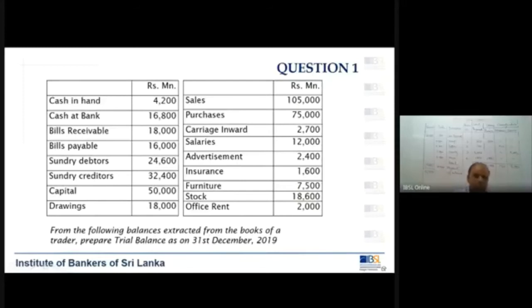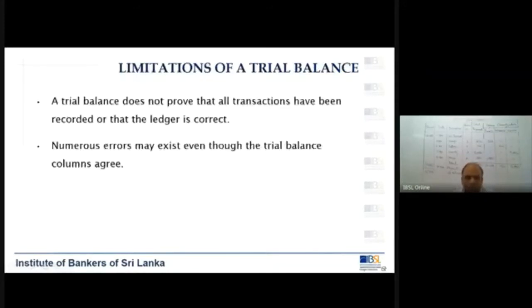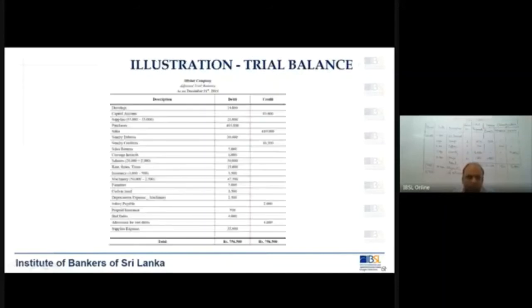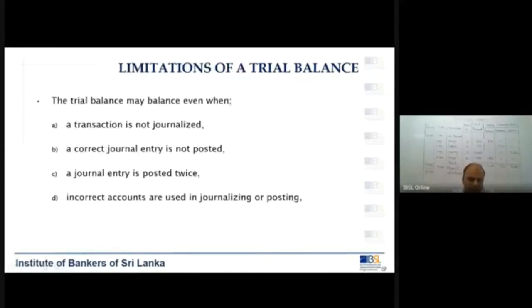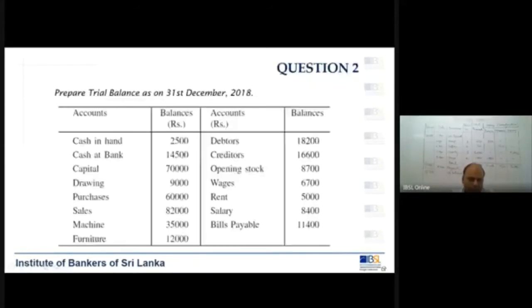Then you prepare the trial balance. You take the list of accounts and prepare 2 columns as shown previously. You put a debit column and credit column, list all your accounts and put the balances in the appropriate column and see whether you get the totals correct. Okay, so I hope the totals should be equivalent.